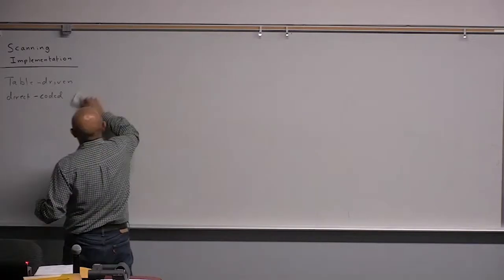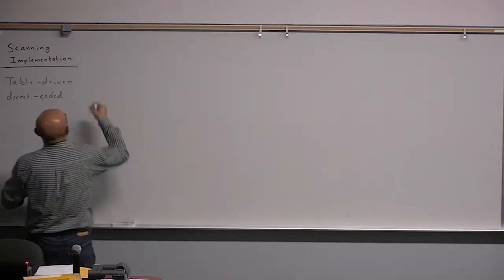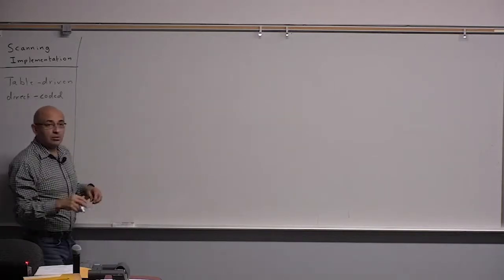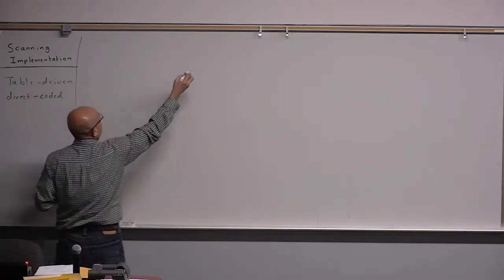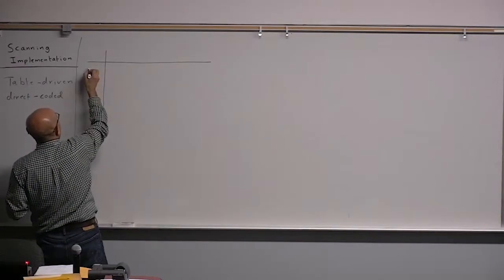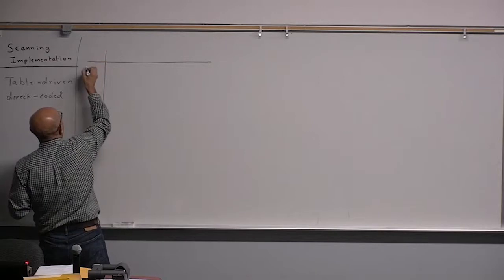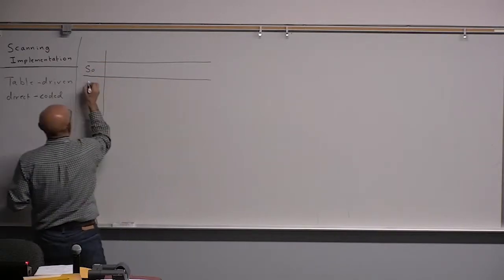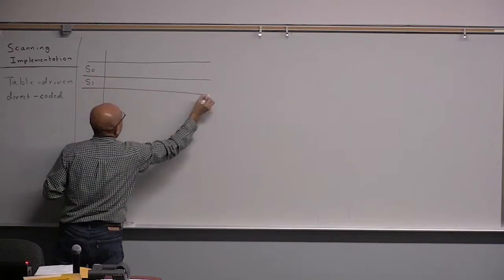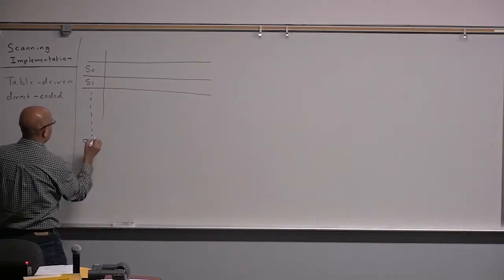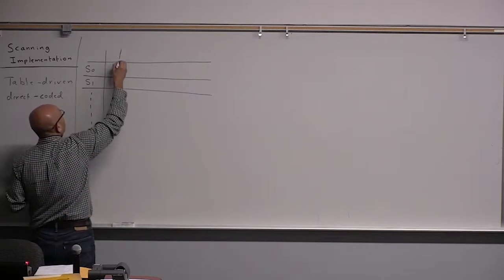In a table-driven scheme, you will have a DFA like this. A DFA will be a two-dimensional table or a two-dimensional array, which will look like this. These are your states: S0, S1 to Sn. And these are your symbols.